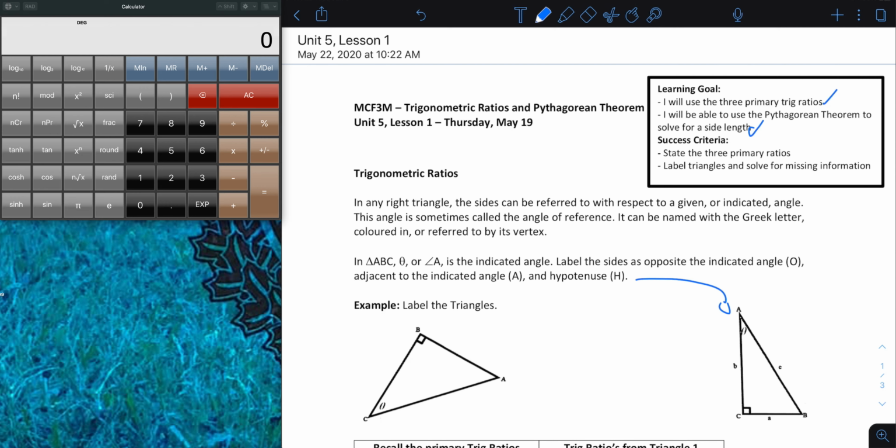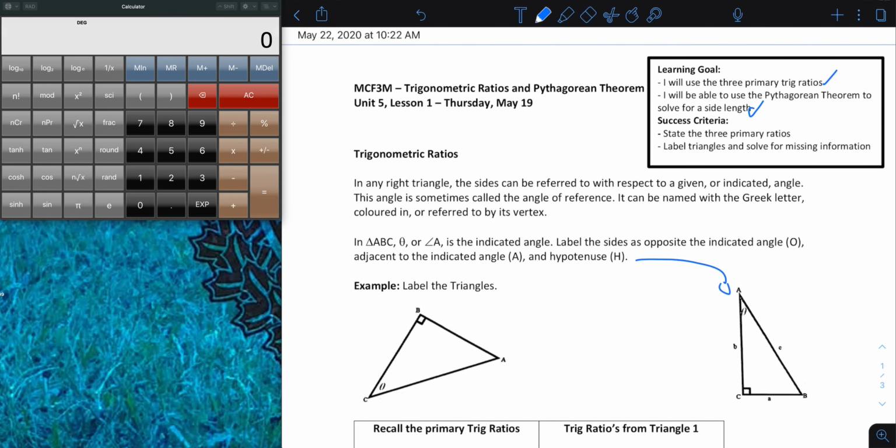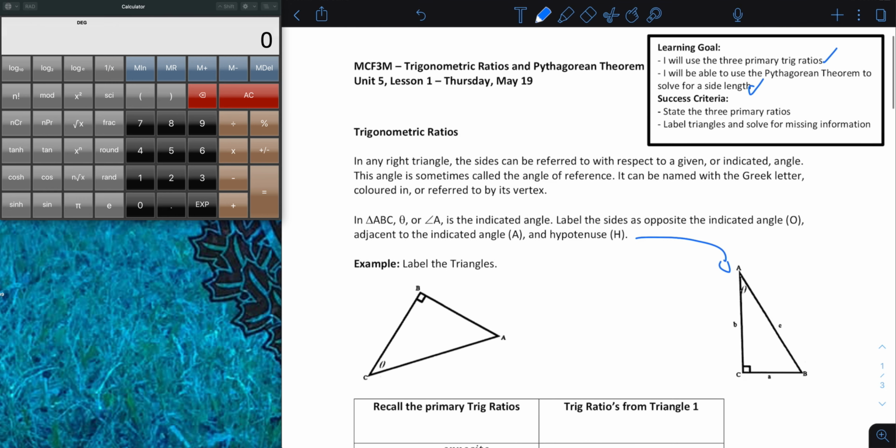Label the sides as opposite, O, the side opposite the indicated angle A, adjacent, A, the side adjacent to the indicated angle, and hypotenuse, H. So we just want to label these triangles with those letters, and we can see how this is going to work out. Depending on where you're standing, in this case let's look at the first triangle.